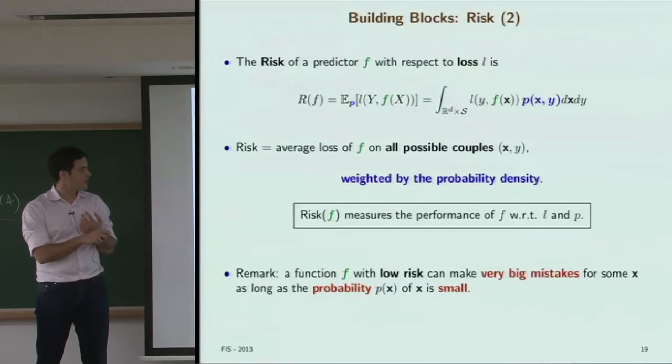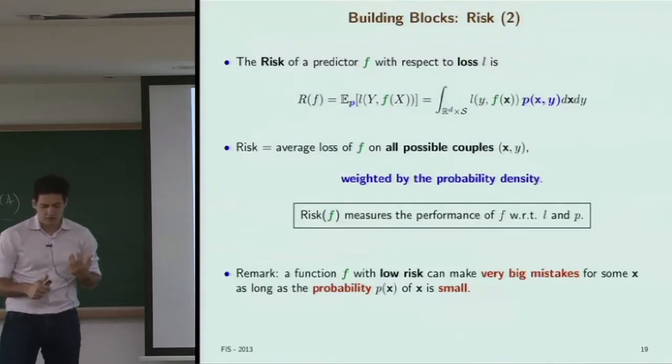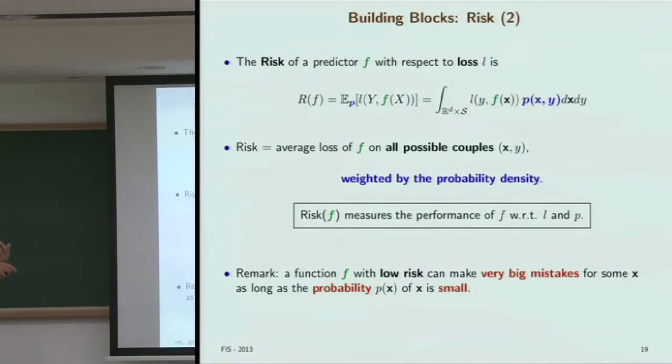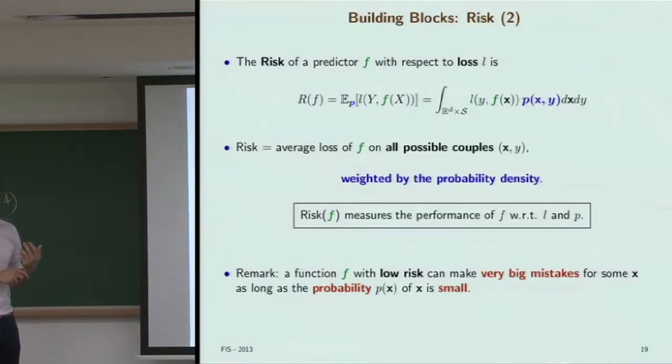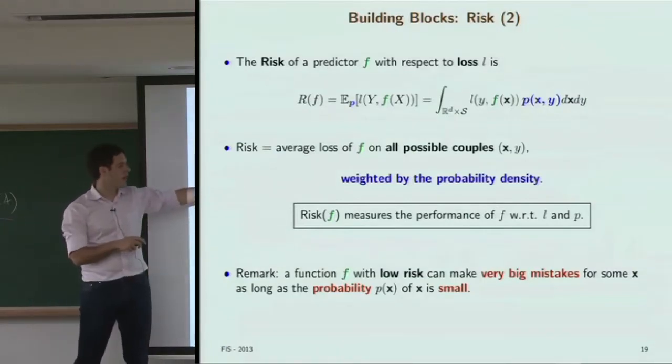The risk of a predictor, here predictor is not exactly the way I was using it in regression, but the risk of a function f with respect to loss L is the expectation with respect to the probability P of the pairs of the loss of y and f of x.